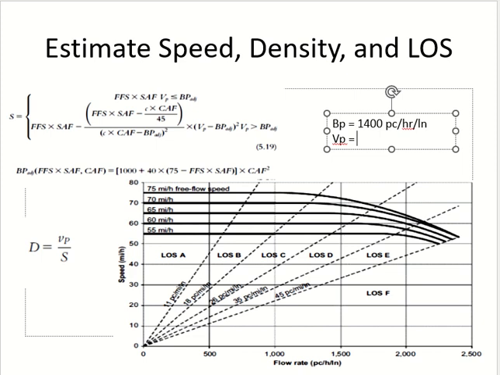So my speed equals to what? 65. Now I know density, right? If speed is 65, then my Vp is how much? I'm using this one now. I still have to find out Vp, the flow rate. That was the main question here. So I will use now D times S. D is 35, the density for level of service D, and S is the free flow speed.